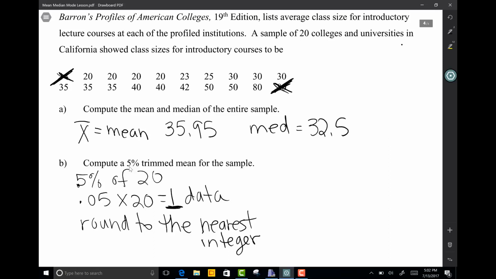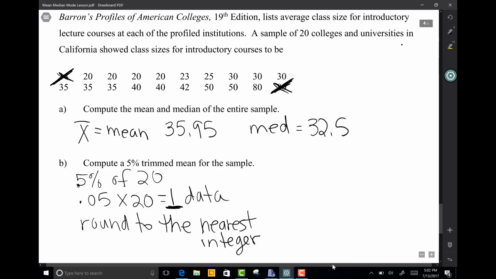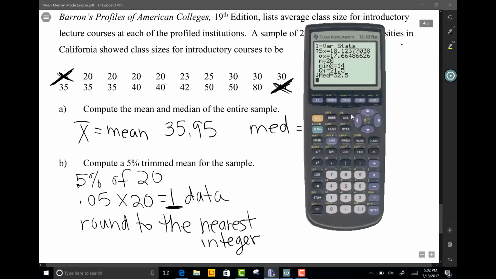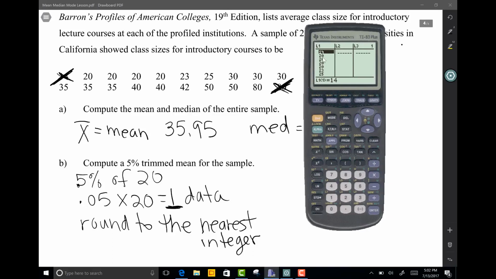So when I calculate our new mean and median without those two values in there, I'm going to go back to stat and edit. I want to delete the 14, so I'm going to hit delete on 14, and then I want to take off that last value, which is 80. So that's going to leave us with 18 data values.